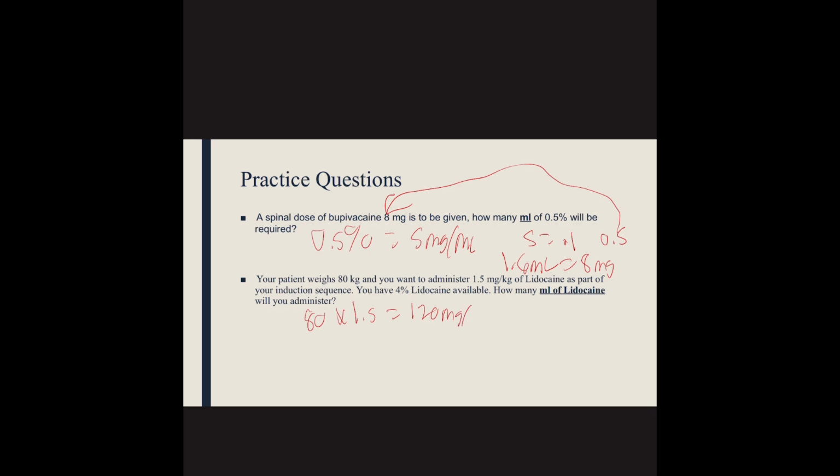We've already done the per kilogram. And you have a 4% available, so we know that we have 40 milligrams per milliliter. How many milliliters will you give? We know that if we do 40 and then 80 and then 120, we want to give 3 milliliters.